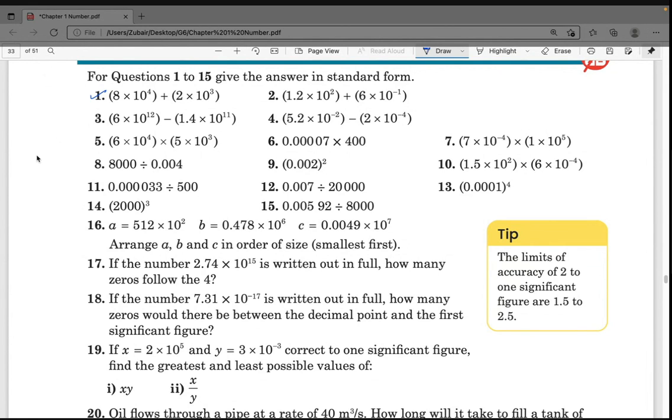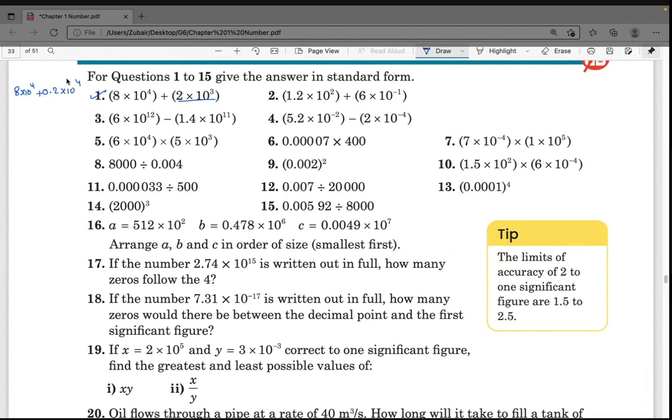Okay, so if I write 8 into 10 raised to the power 4 for the first part, and the second part is 0.2 into 10 raised to the power 4.